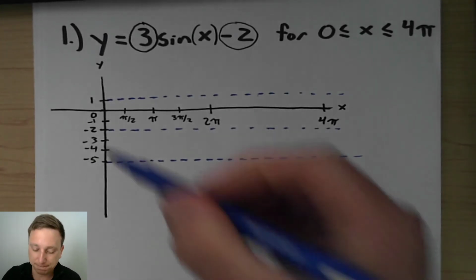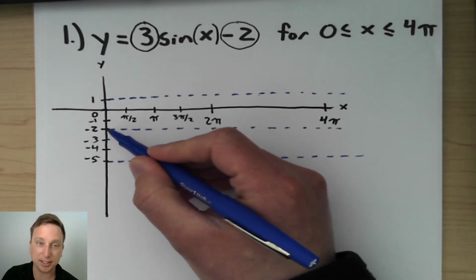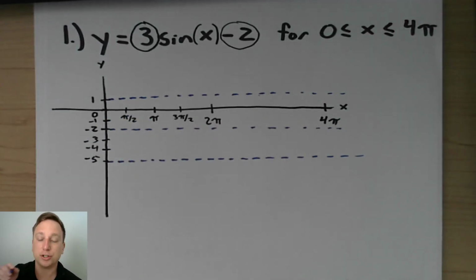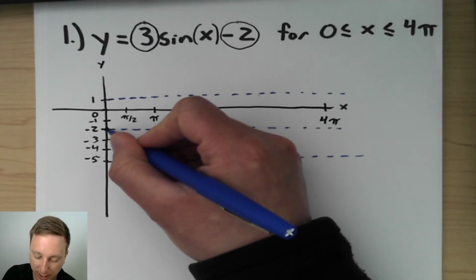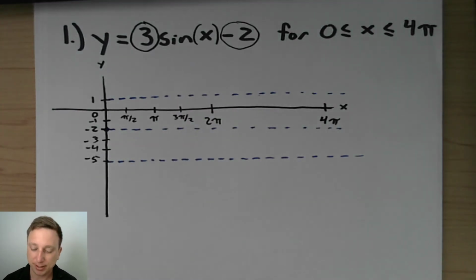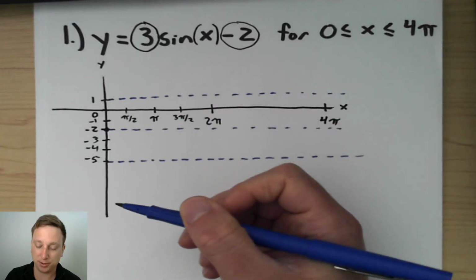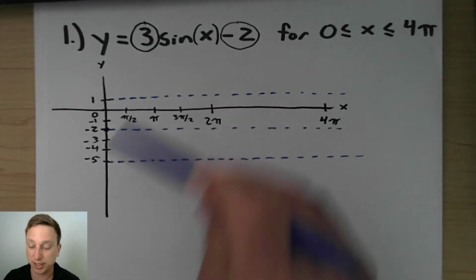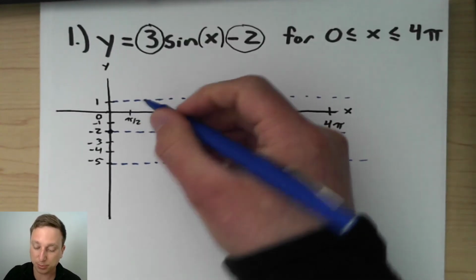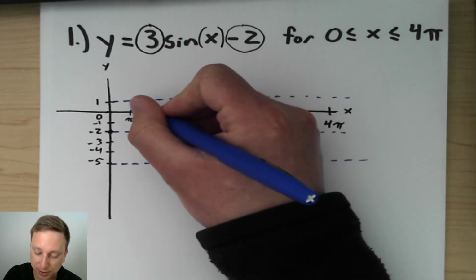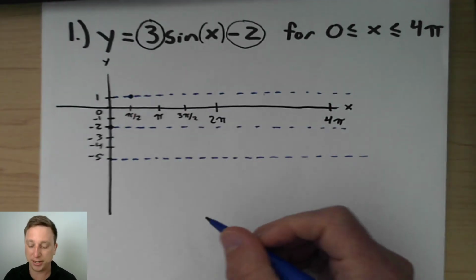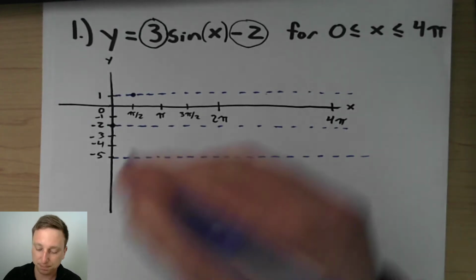So as we said, at 0 radians is where I'm starting my revolution or my period. It's at the principal axis of -2. Now, a quarter of the way through, it's going to be at the highest point on the unit circle, no matter what our circle looks like or our function. So I know the highest point already is 1. So at pi halves, a quarter of the way through our period, it's at a maximum.